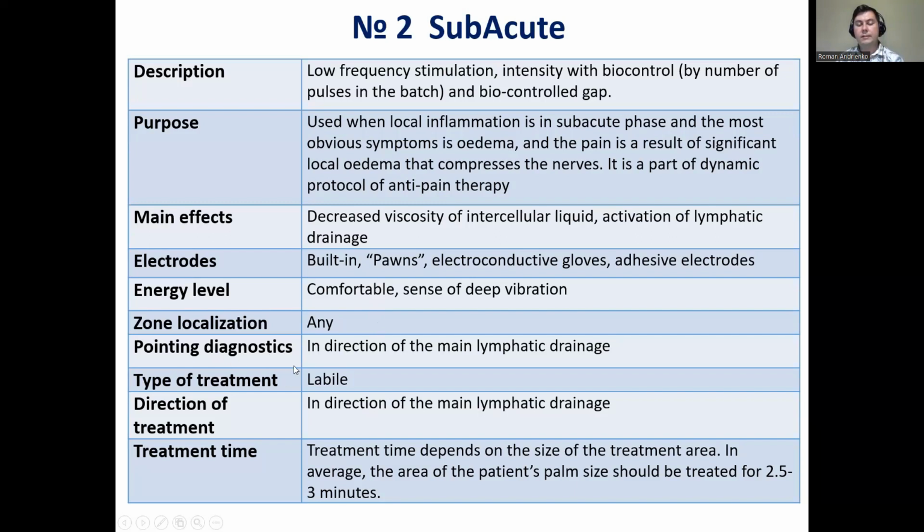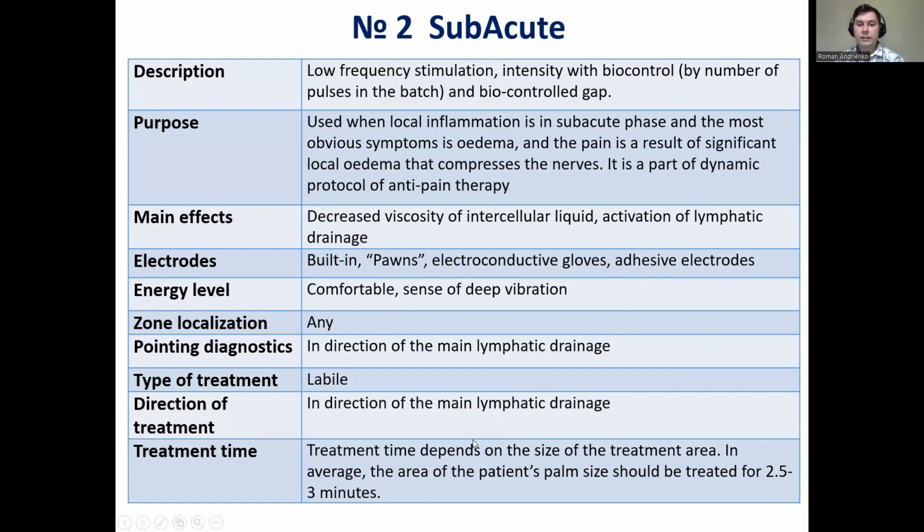We do the labile type of treatment. So we move the electrode over the skin or the gloves. We go in the direction of the main lymphatic pathways. So we are helping our body. We're helping the lymphatic system to drain and to reduce the amount of liquid.